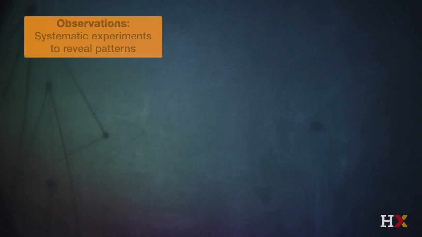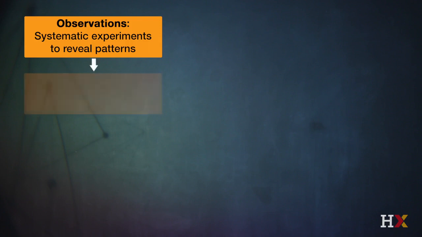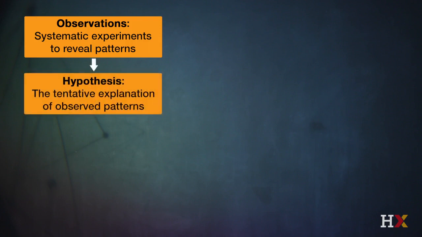A central tenet of the scientific method is that observations begin the process, and observations of natural phenomena or events constitute the initiation of a chain of logic that in turn develops a strategy for a concise, coherent, and testable theoretical structure. So the observations lead then to a hypothesis.